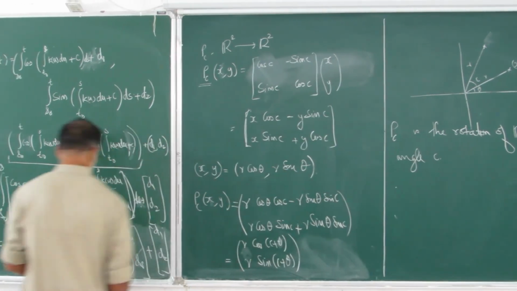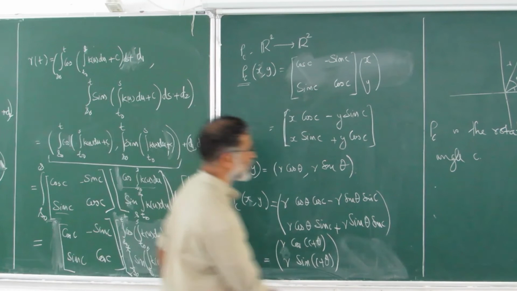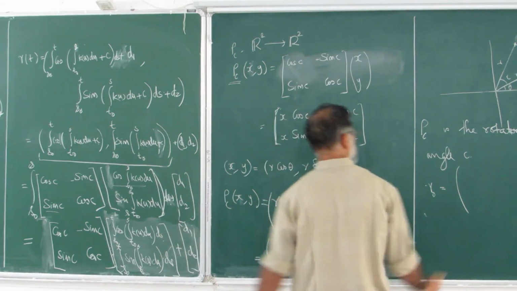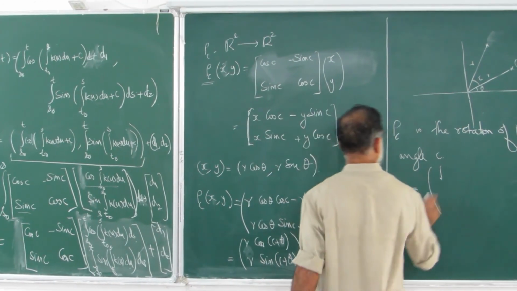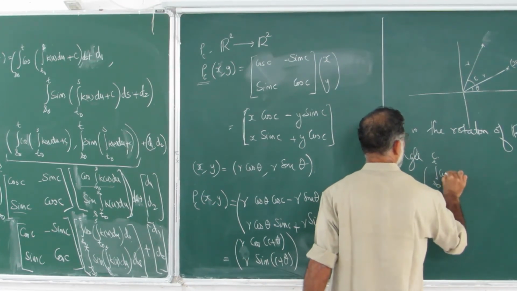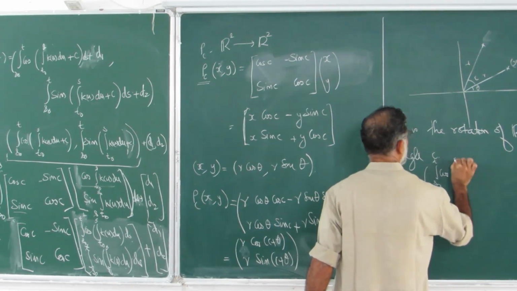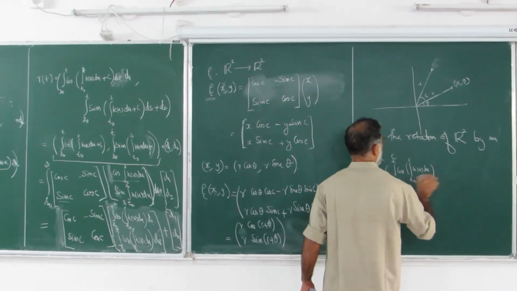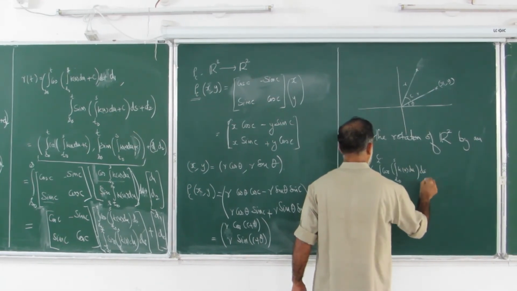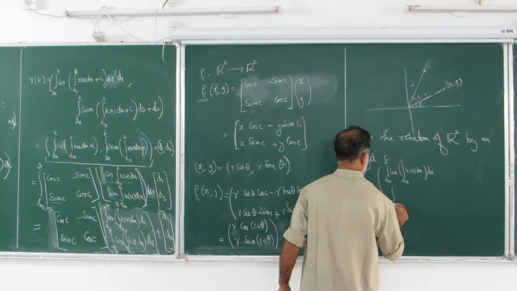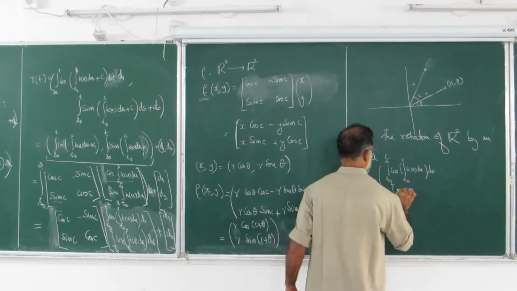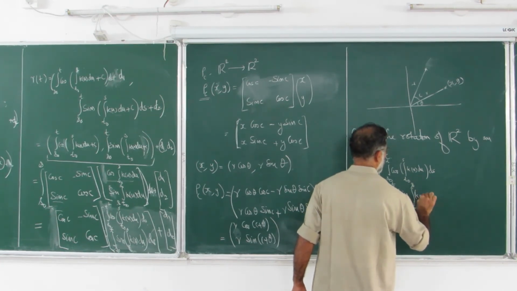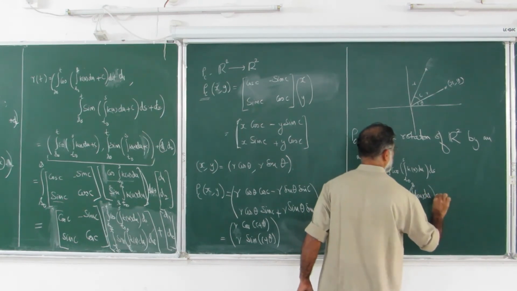If I choose this curve, let me write gamma naught. Gamma naught is one curve given like this: the integral from s naught to t of cosine of the integral from t naught to s of K(u) du, ds, and the integral from s naught to t of sine of the integral from t naught to s of K(u) du, ds.